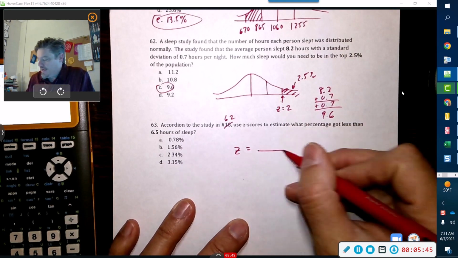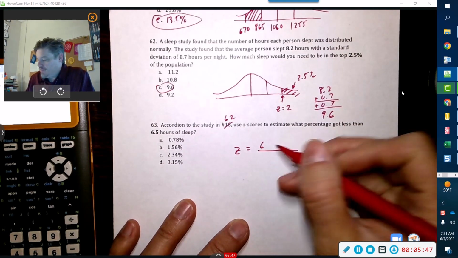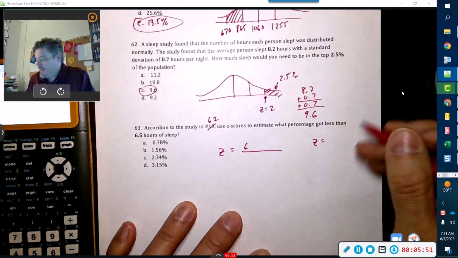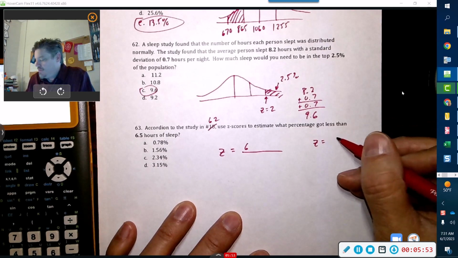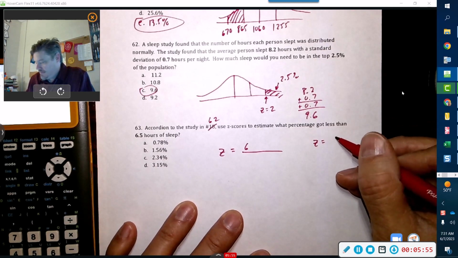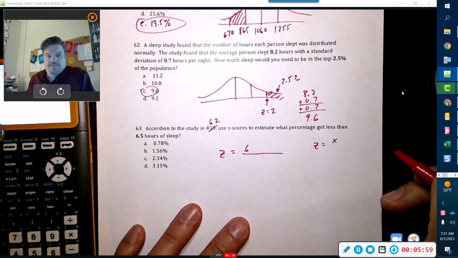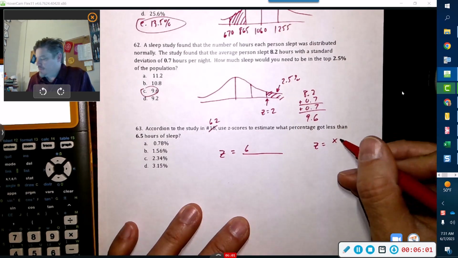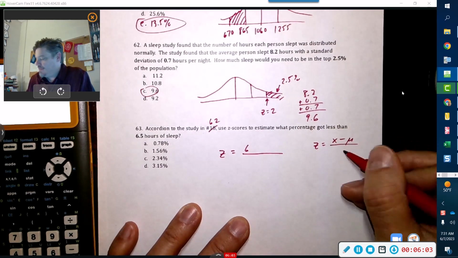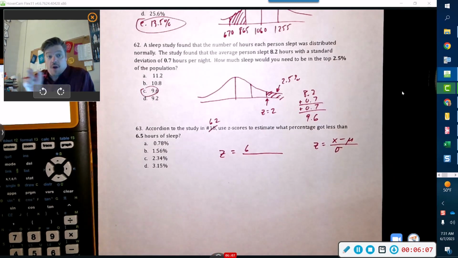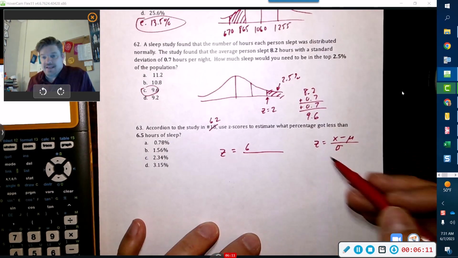So the formula is this: the z-score equals how far you are away from the mean. You take your data point of interest, subtract the mean, and then divide by the standard deviation, and that will tell you where you are in the normal curve. So you need that little formula.